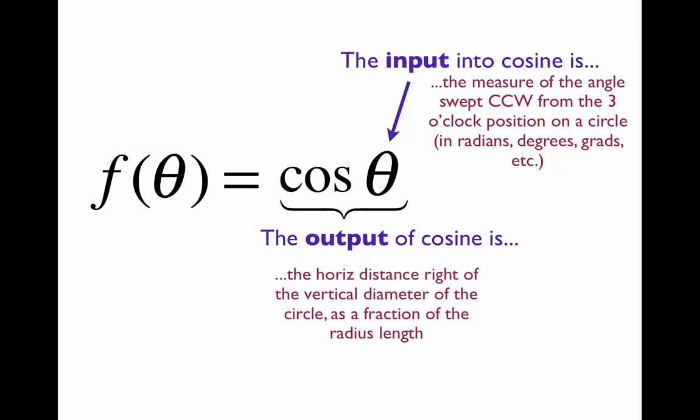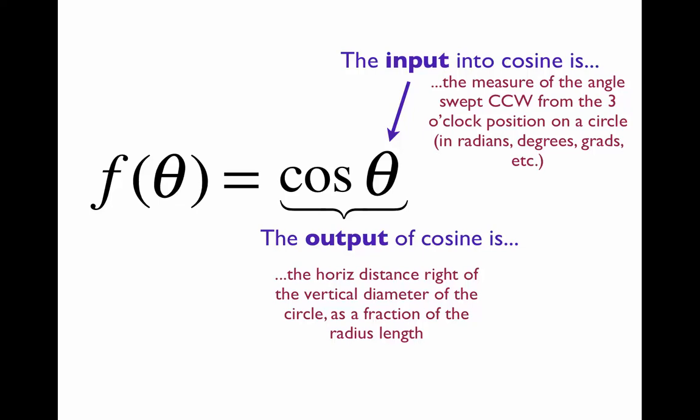Okay, and so again, this is going to be part of your quiz, to write out these definitions. And it's not just so you can get points on the quiz. The whole point that I'm putting so much importance on it is that if you understand the input and output of sine and cosine, then you understand sine and cosine.